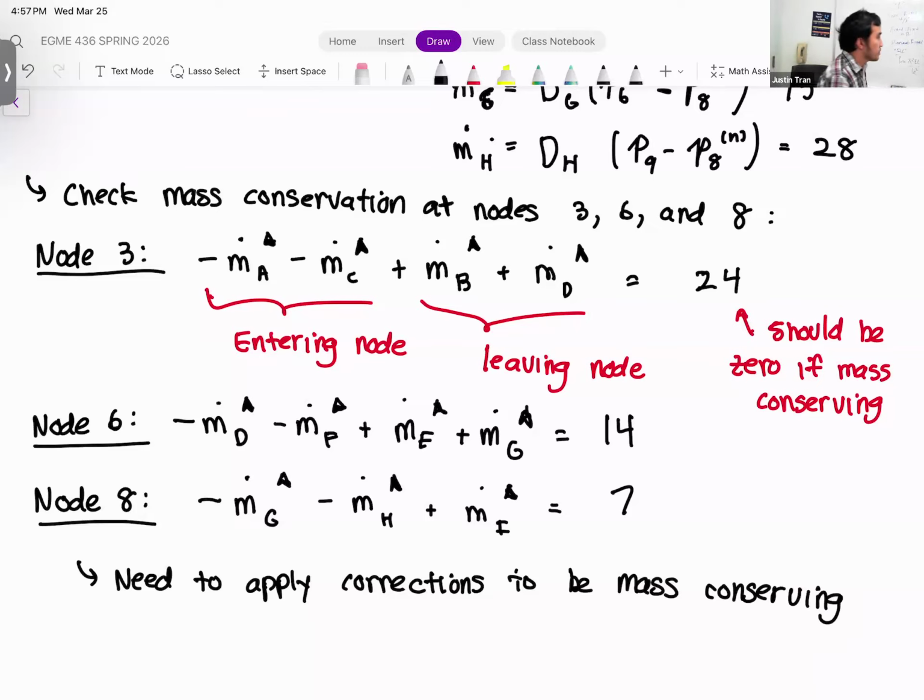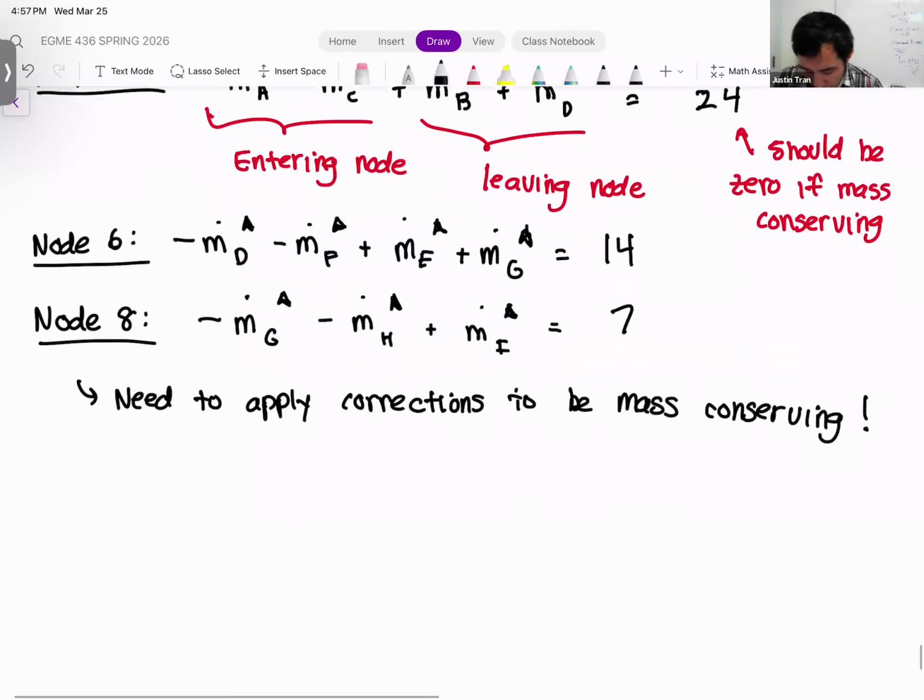Okay, so we've computed our intermediate mass flow rates. We've checked continuity. We know that we're not mass conserving. Next step in our simple algorithm is to compute our pressure corrections. So that's going to be step 4.